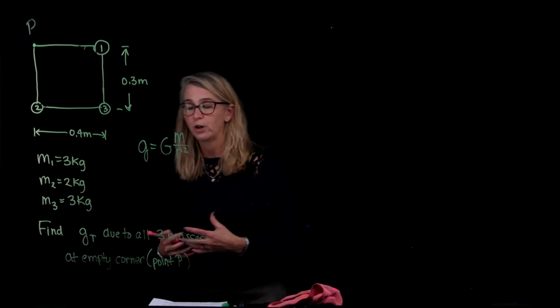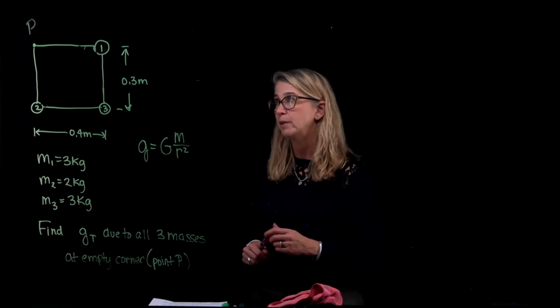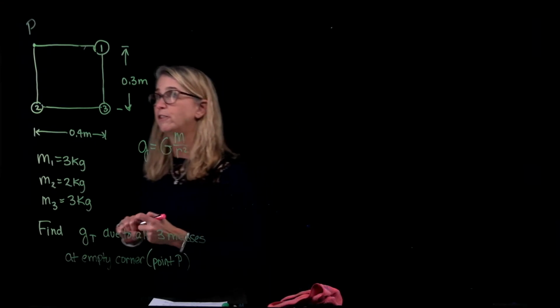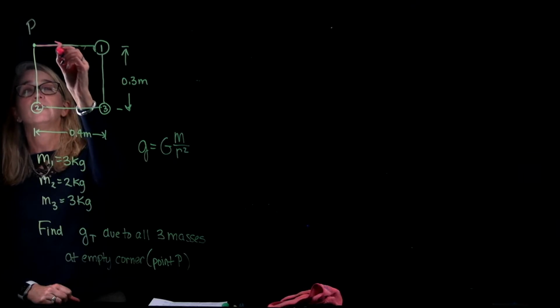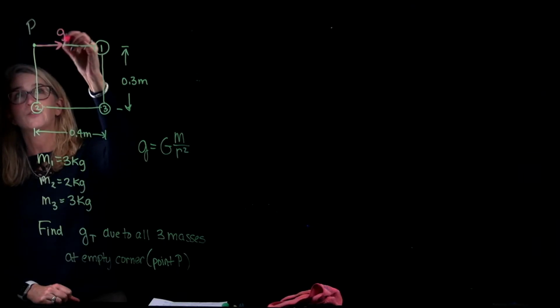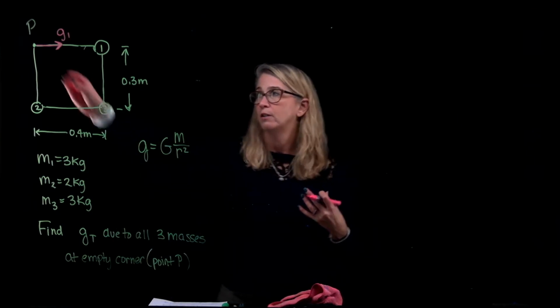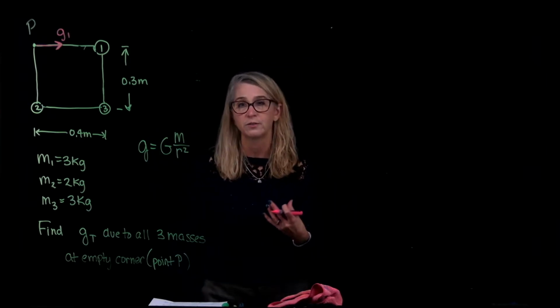We're going to start off by drawing the gravitational field vectors on this diagram. There's going to be one for each mass. And the way the gravitational field works is that it is directed towards the mass that's causing it, which is the idea that if I put another mass in this field, it would feel attracted to mass 1, for instance.